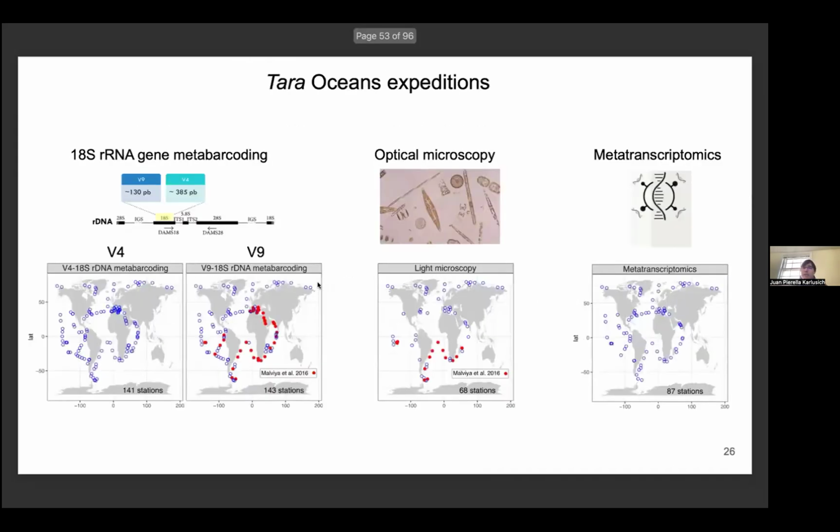In this case, this project integrated the analysis of the 18S ribosomal RNA gene because it allows us to go very deeply into the taxonomy and detect diatom genera that are very low abundant.